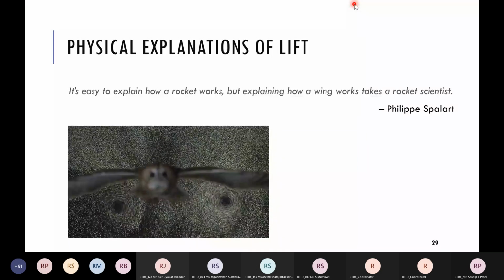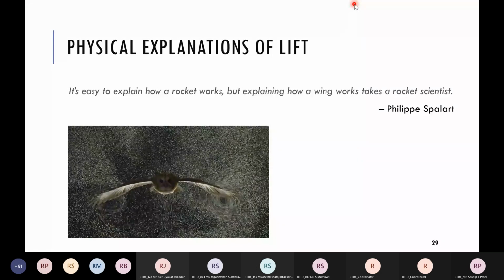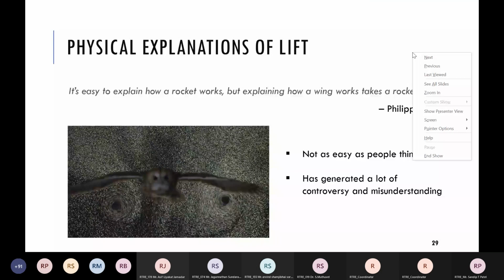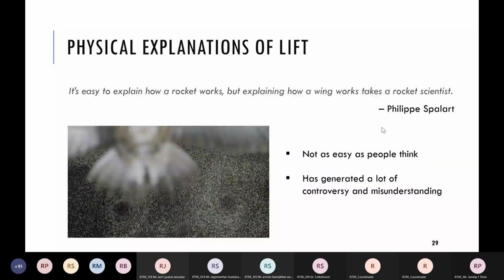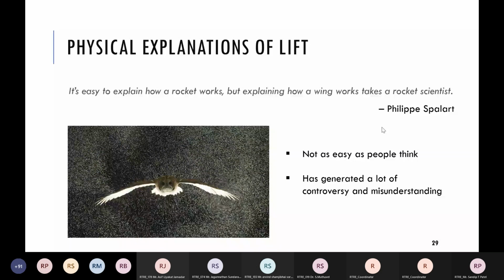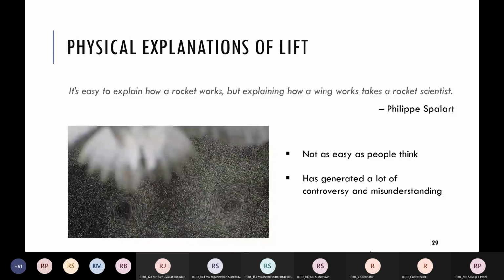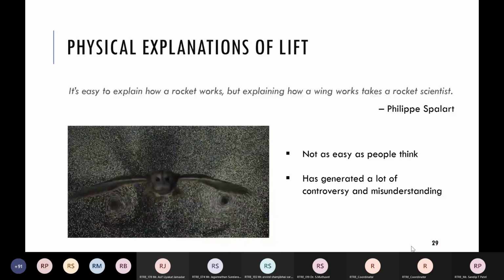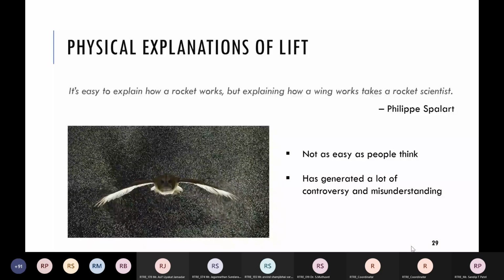I have included this here because people think this is easy, and due to social media universities, there is a lot of controversy and misunderstanding over lots of videos like on YouTube. If you go to YouTube, you can find a lot of videos which give a wrong misconception about the lift concept, and the same goes with our textbooks.